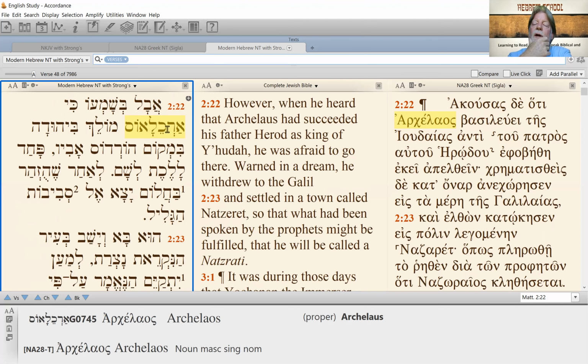Now, Herod the Great ruled over almost all of Israel, again, under the thumb of the Romans, but he ruled a lot of territory. When he died, his kingdom was divided up into different tetrarchies. A tetrarchy is like a fourth of a kingdom. And Archelaus got Jerusalem and Judea. That was his quarter.